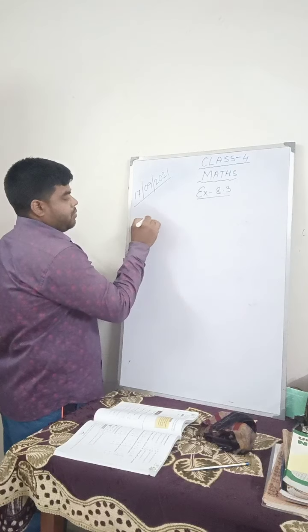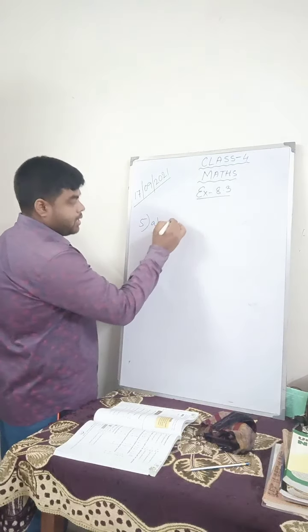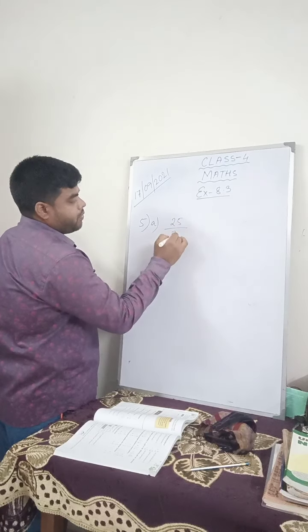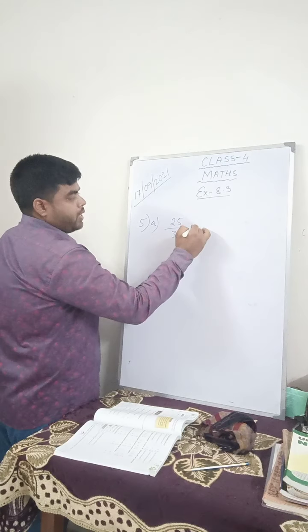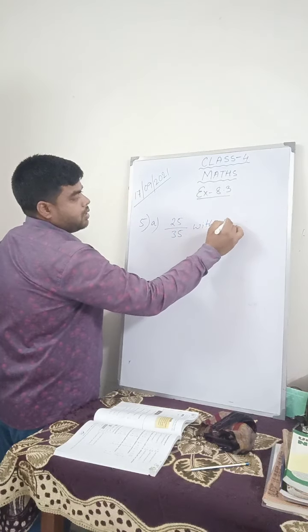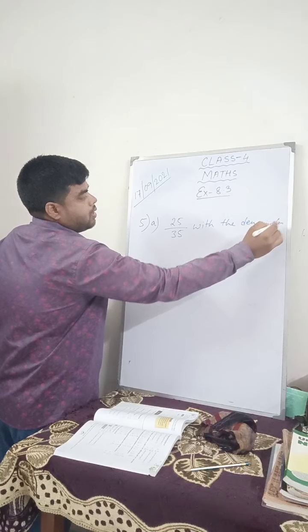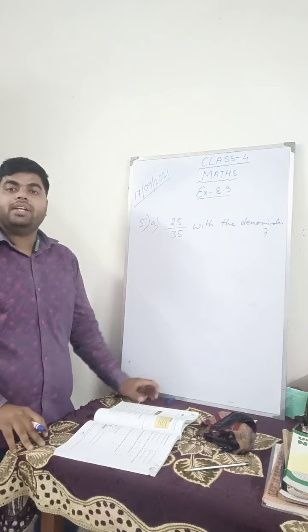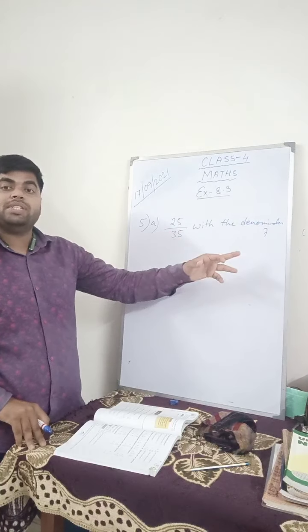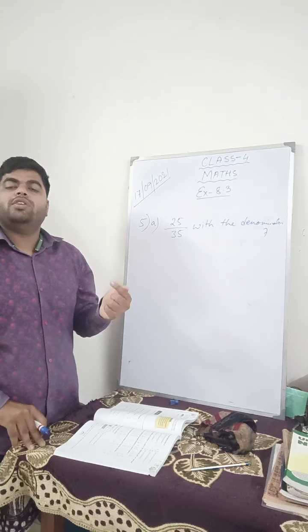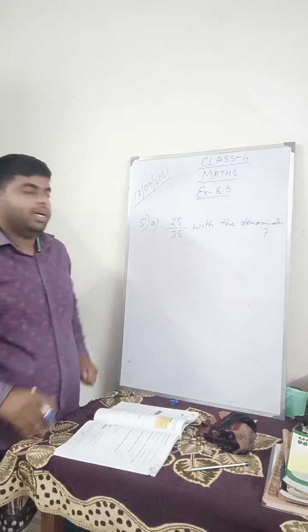So question number 5a, they have said 25 by 35 with the denominator 7, means you have to keep the denominator 7. So 35 is becoming 7, that means it is becoming small. So when it becomes small you have to divide.